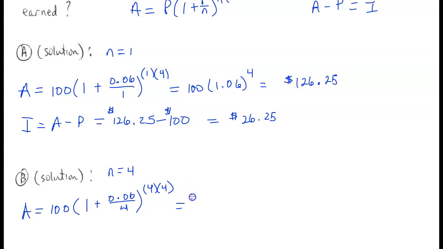And so now when we have that, that just ends up being 100 times 1.015 raised to the 16. And this is going to be roughly, and I'm putting equal signs here, but really I should be doing approximation equal signs here.